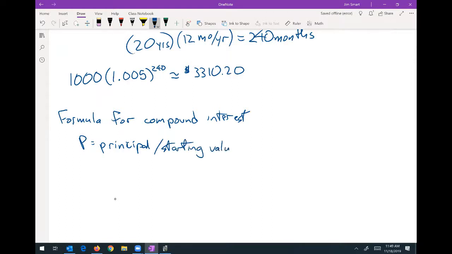Sometimes I put that as A subscript 0, because we do A of t. R is the interest rate as a decimal. That's important. So we've always been using it, like 6% is 0.06 as a decimal. All right, that's R. And then we have N, our number of compounding periods per year.